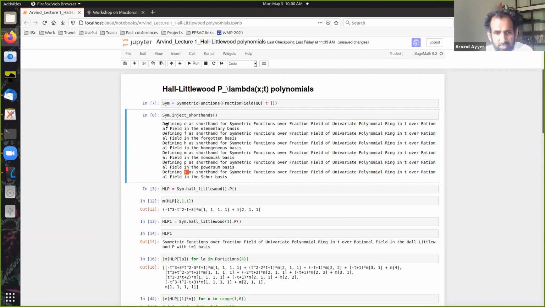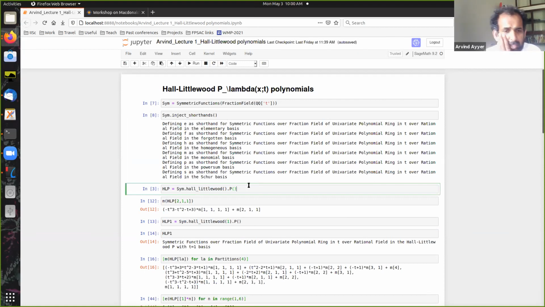So this command defines them in one shot. Now how do you do it? There are several Hall-Littlewood polynomials. What we do is sym.HallLittlewood, then dot P. So this is the P family that we want. And let me show you the two examples that we saw.